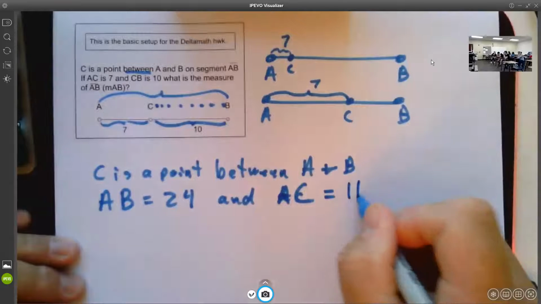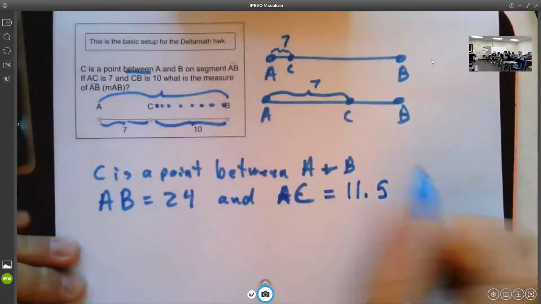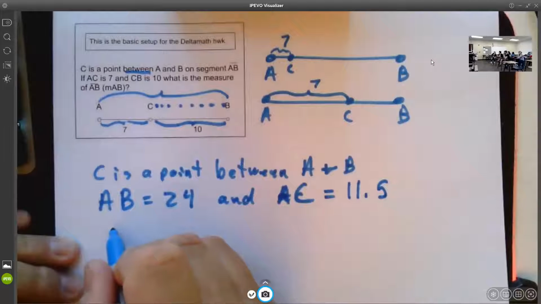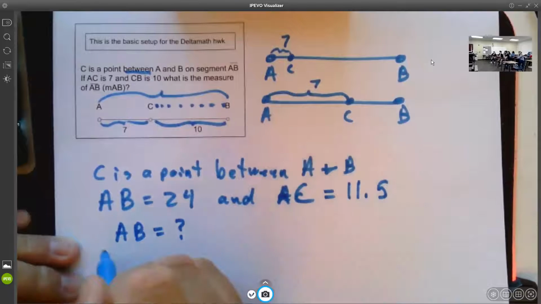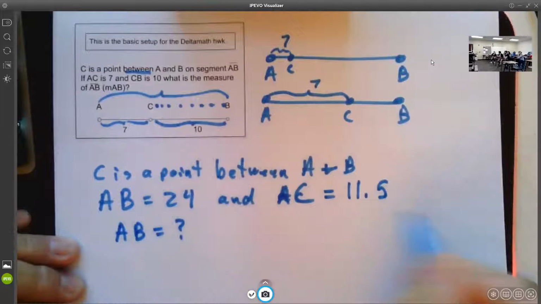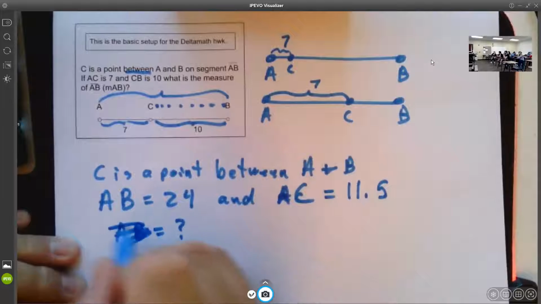AC is 11.5. How long is AB? Or how long is BC? Sorry.